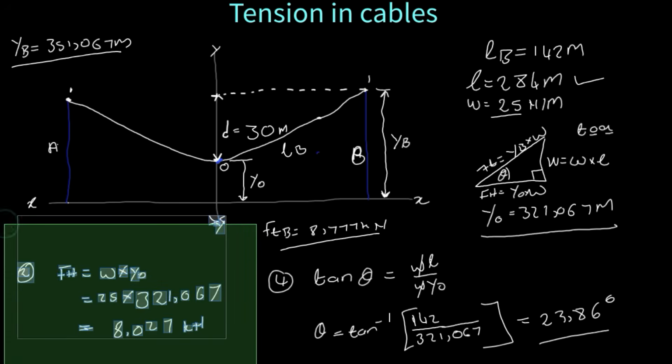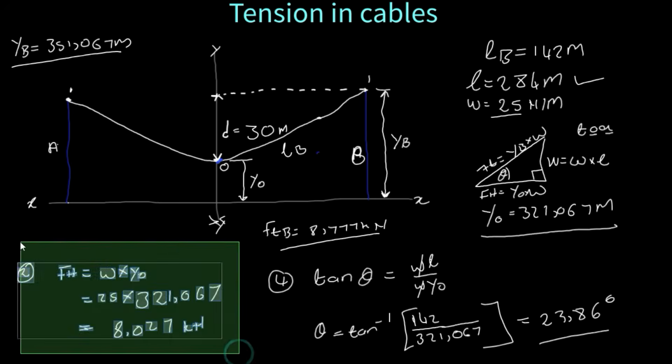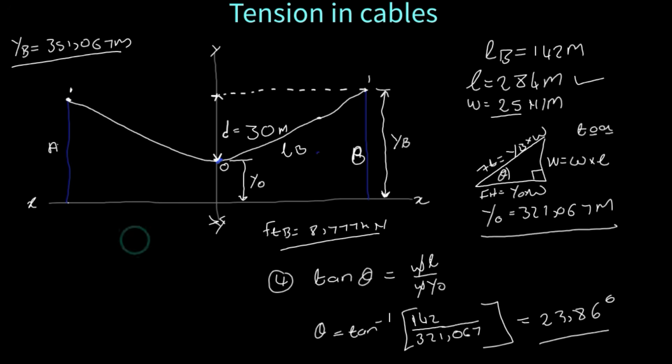The last question, they are asking us to calculate the distance between the two supports or the two towers. Number 5, we are looking for L, which is equal to XA plus XB. But in this case, XA and XB are the same.